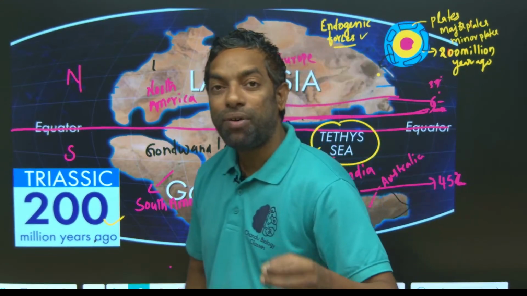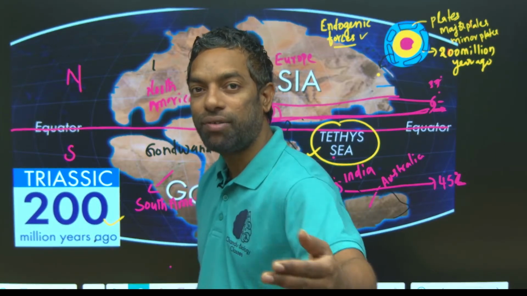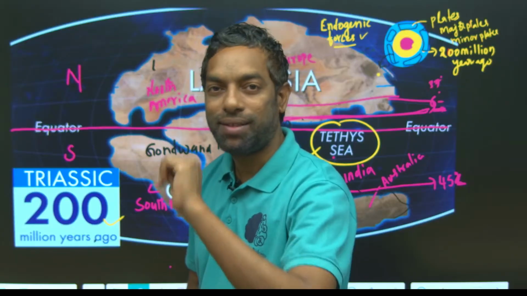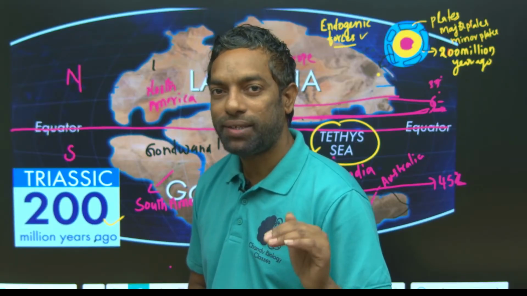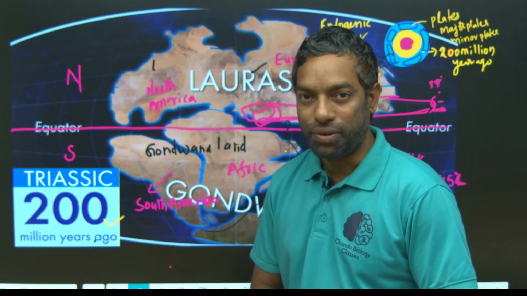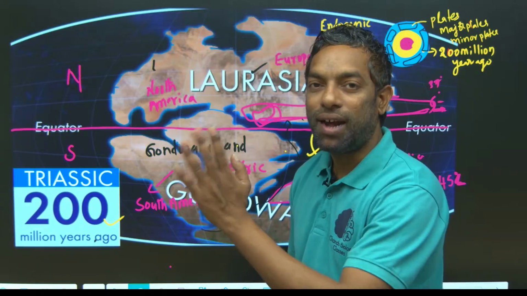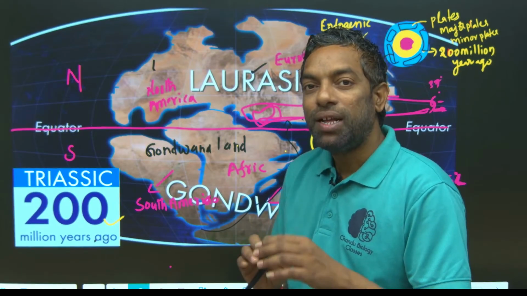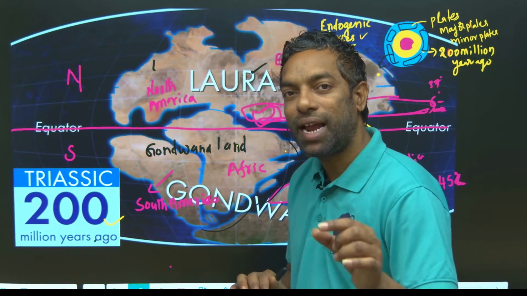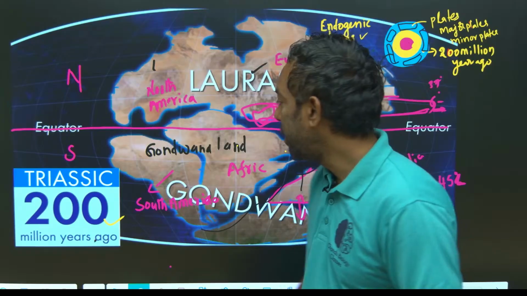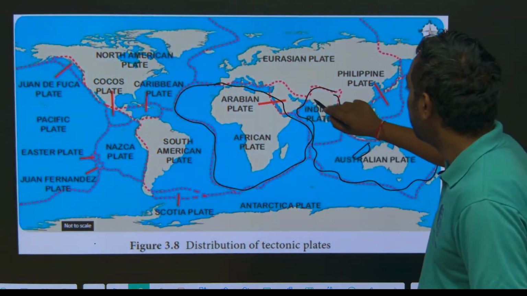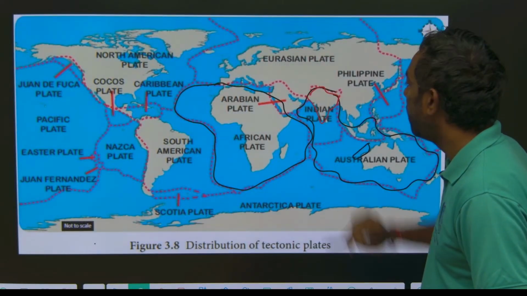India was completely south, above 30-degree latitude of south, but later it entered the 30-degree latitude of north, after the forces created plate tectonic activity. The endogenic forces moved the Indian plate into the north side.